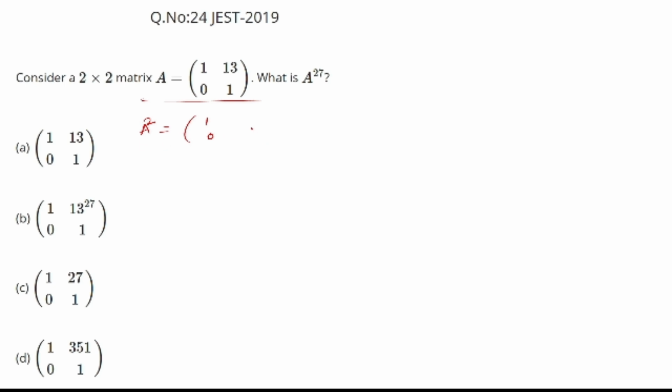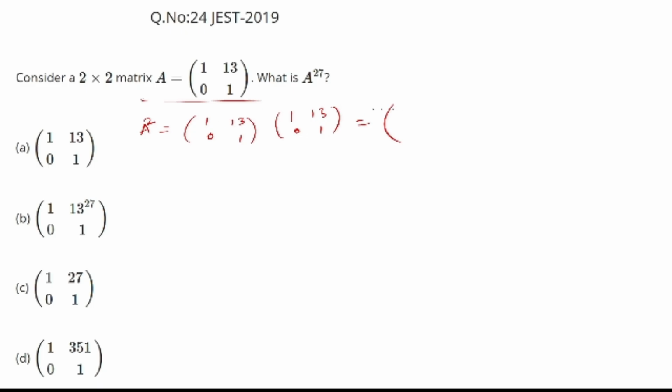So let's find A squared. 1 13 0 1 into 1 13 0 1. So using this rule, that is row column, we take the multiplication of row with column and write it as row.